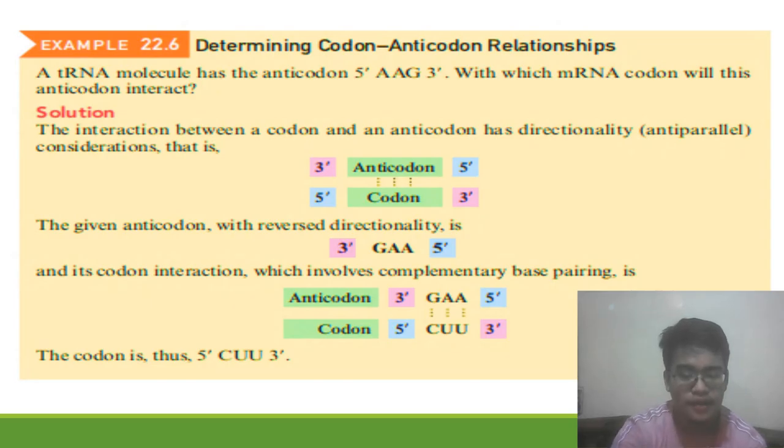So the codon for that is 5' CUU 3'. The complement for G in the anticodon is C, and the complement of A in the anticodon is U. So the codon is 5' CUU 3'.